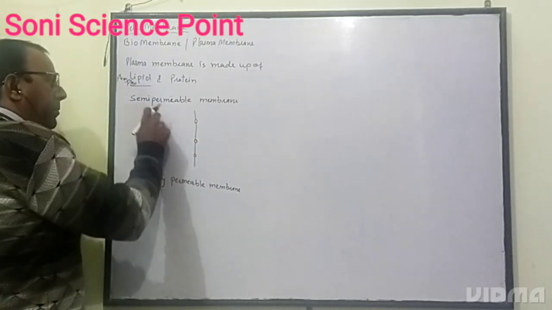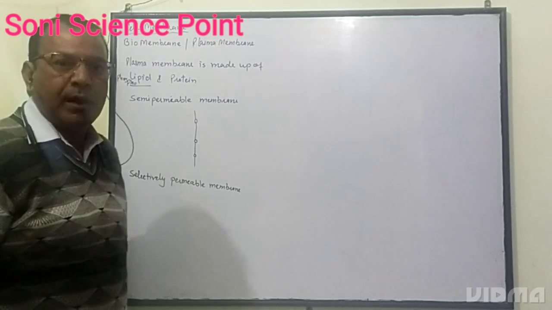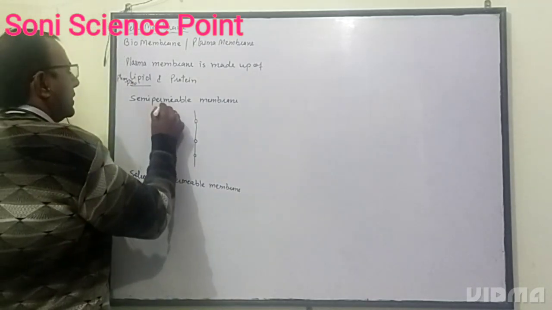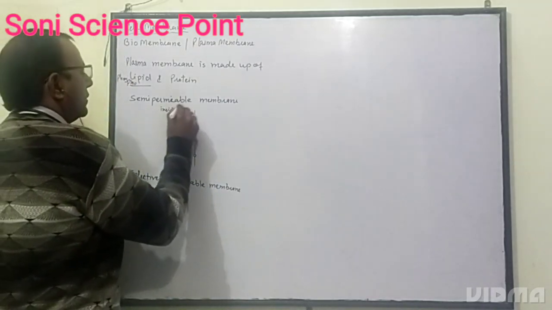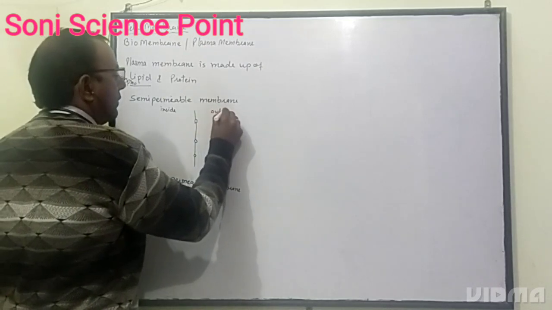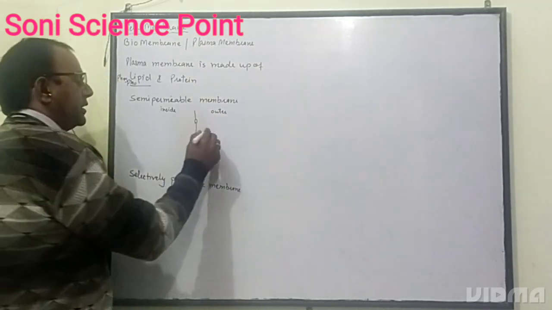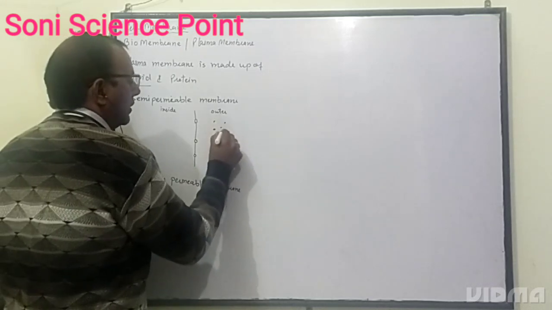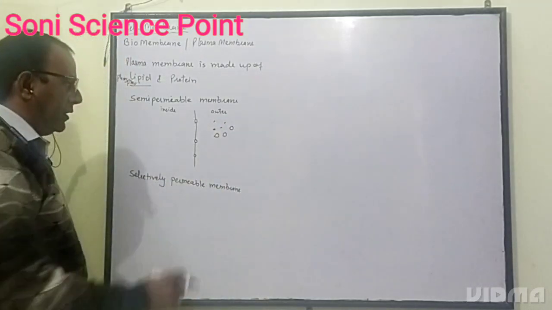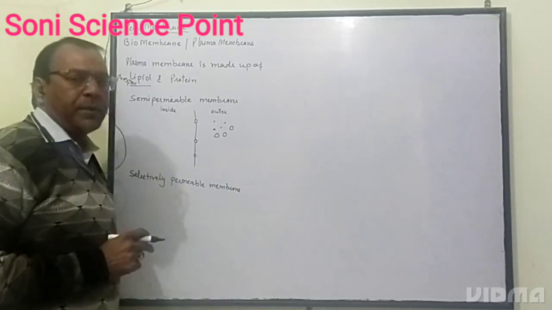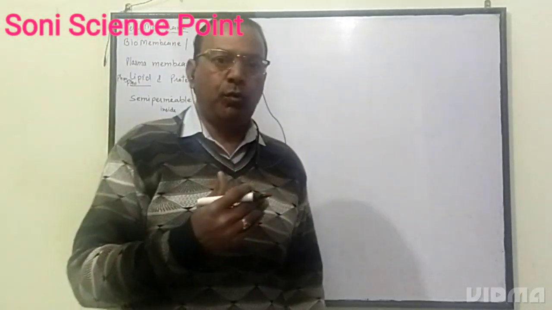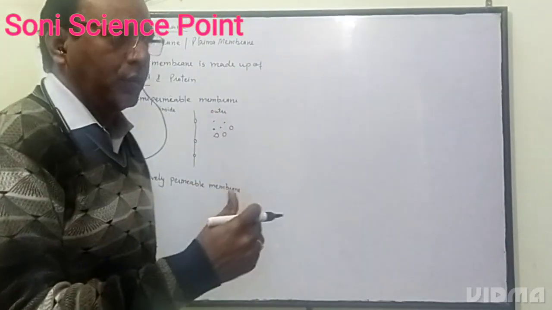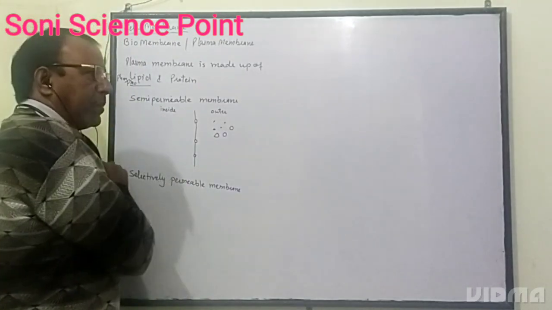Why is the plasma membrane called a semi-permeable membrane? This is the inner side and this one is the outer. If some substances are present in the atmosphere, the plasma membrane allows some substances to pass through, in and out. So it is called semi-permeable.